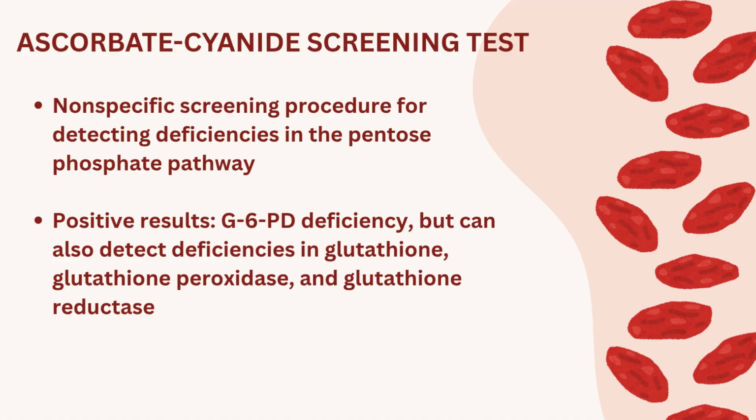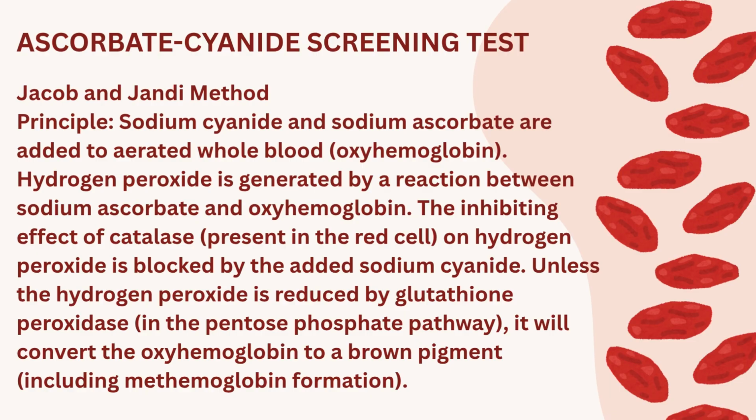So this is a non-specific screening procedure for detecting deficiencies in the pentose phosphate pathway. Conditions that will yield positive results for the ascorbate cyanide screening test are G6PD deficiency, but it can also detect deficiencies in glutathione, glutathione peroxidase, and glutathione reductase.